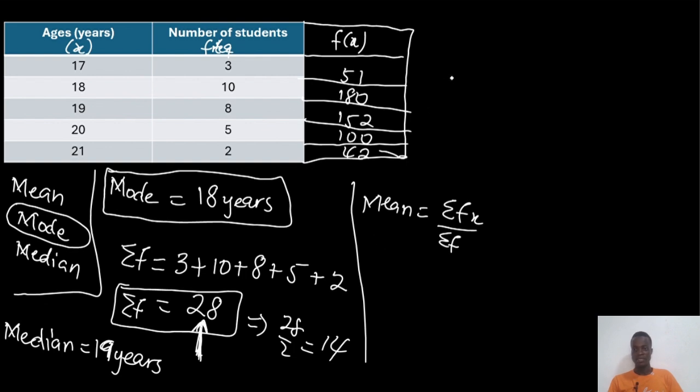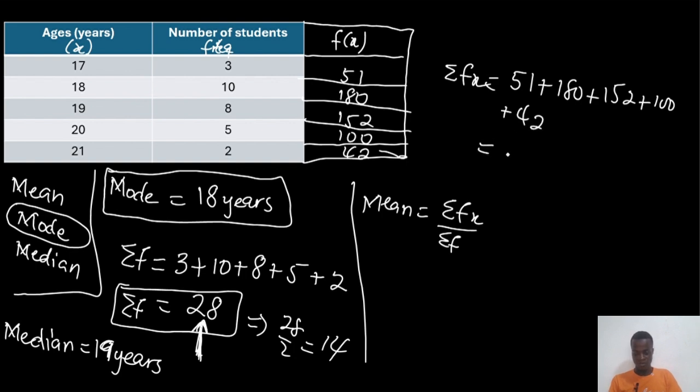Now you need to find the sigma fx. So sigma means the summation of everything. So you're going to have 51 plus 180 plus 152 plus 100 plus 42. So what do I have at the end of the day?